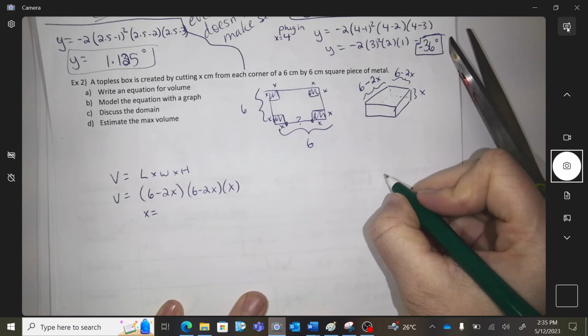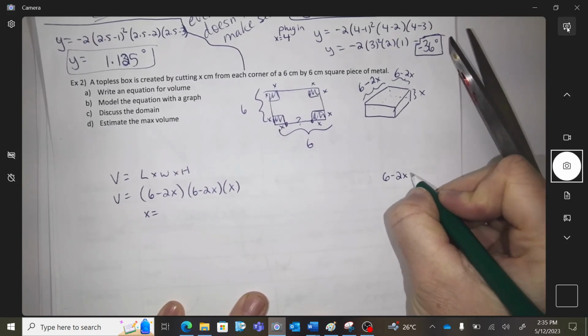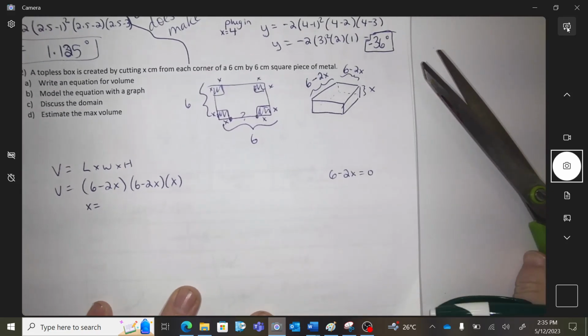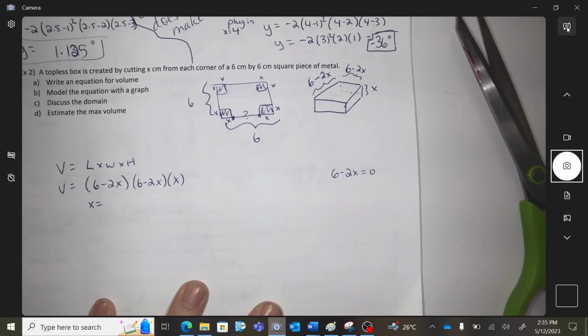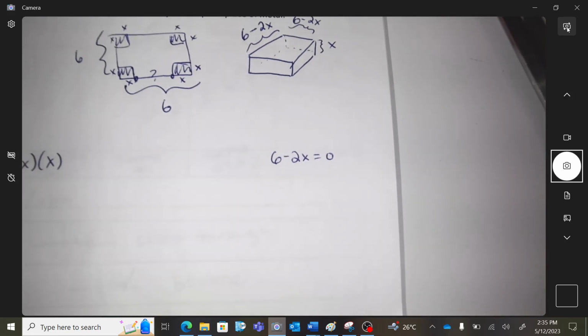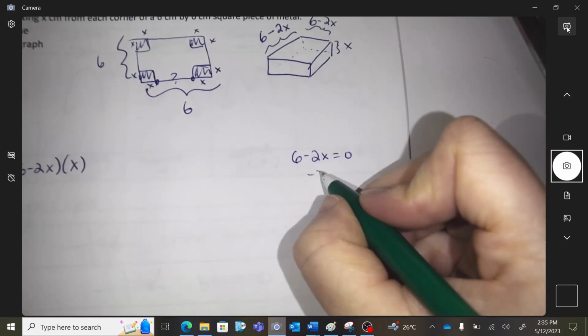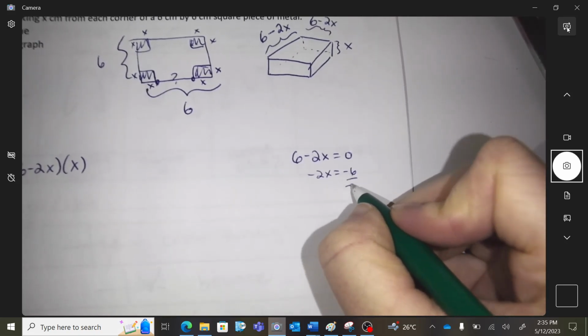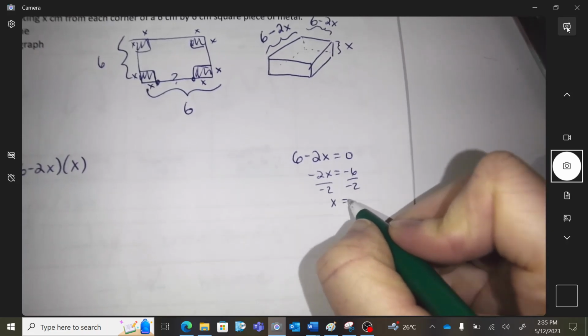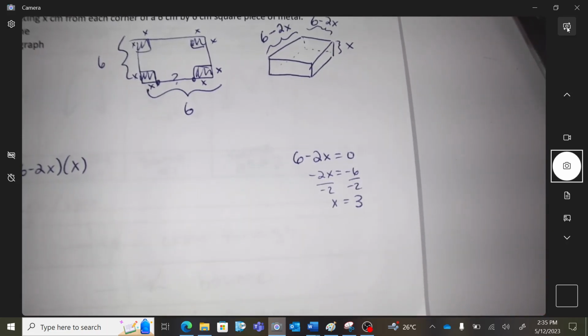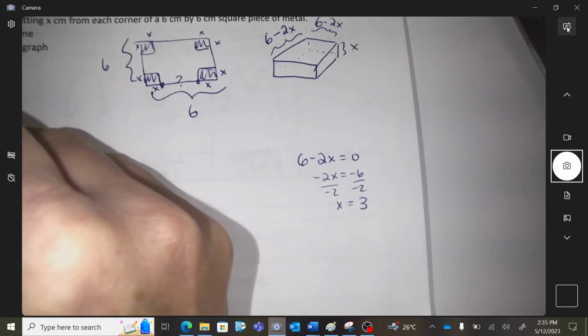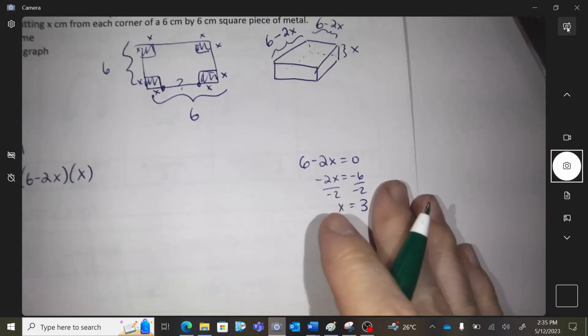How do I create that equation equal to 0? 6 over negative 2. 3. Does it make sense?